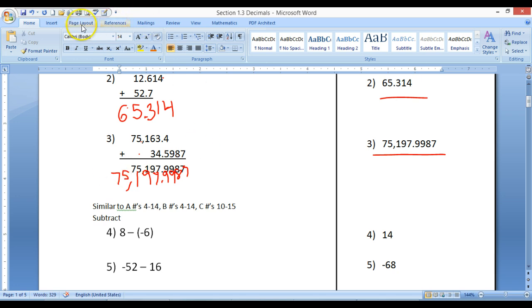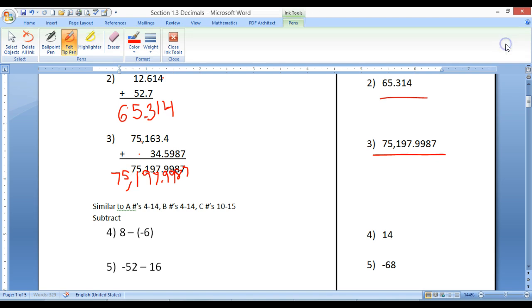All right, there we go. So that looks better. I'm going to go ahead and erase these guys. There we go. So everything's all lined up nice and perfect.